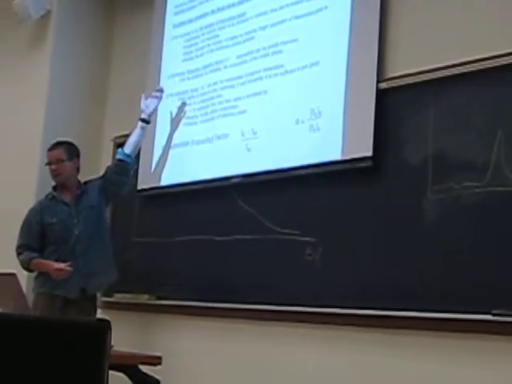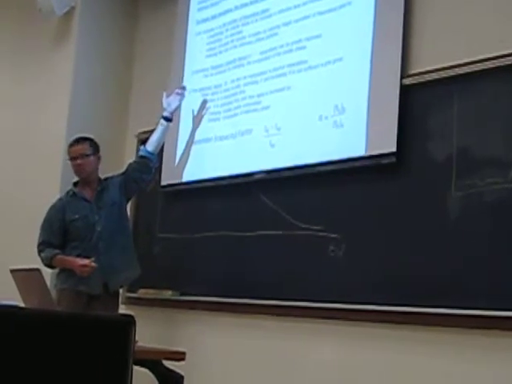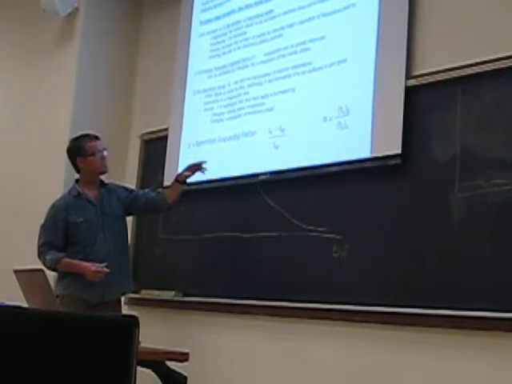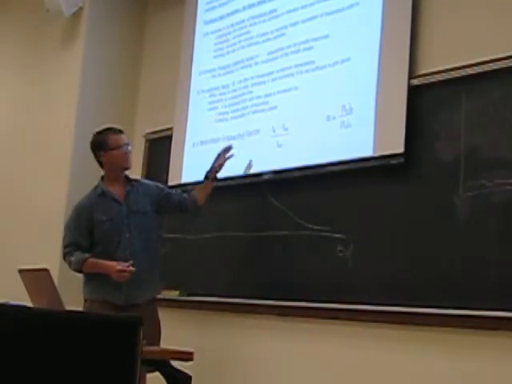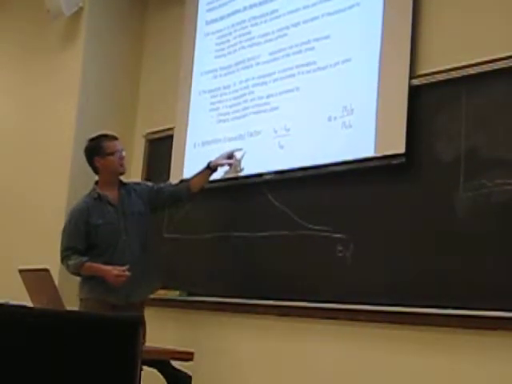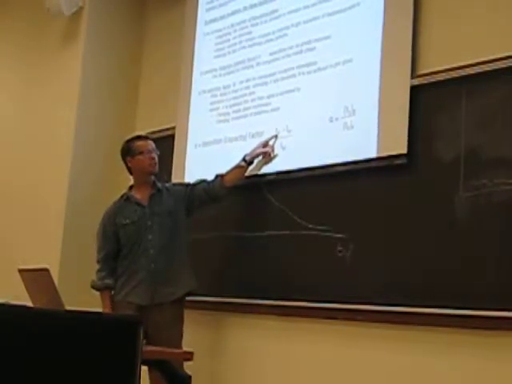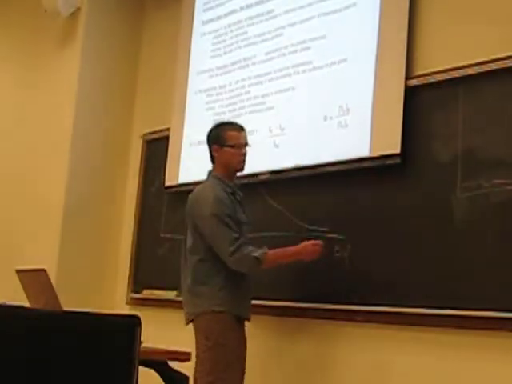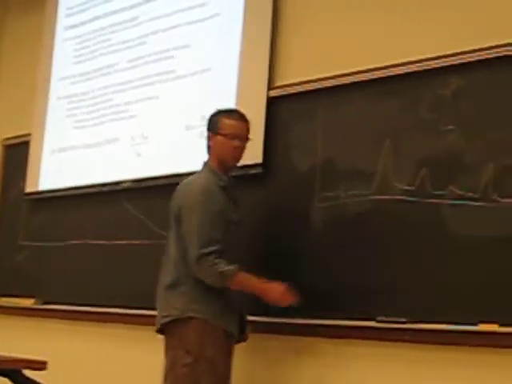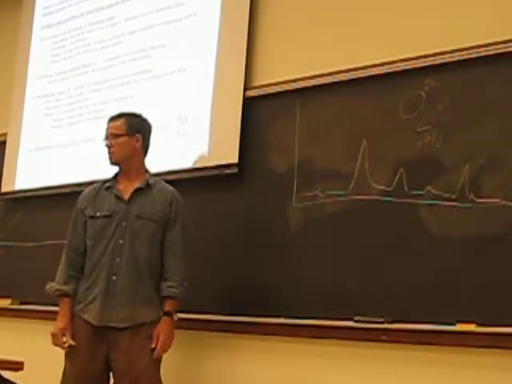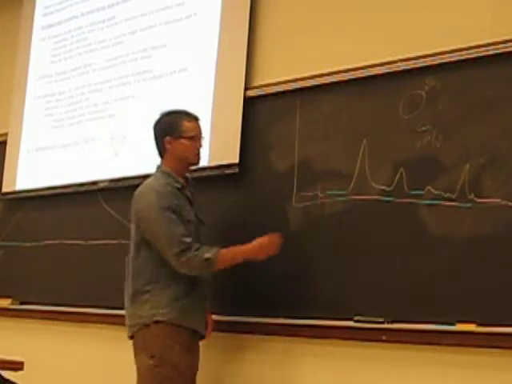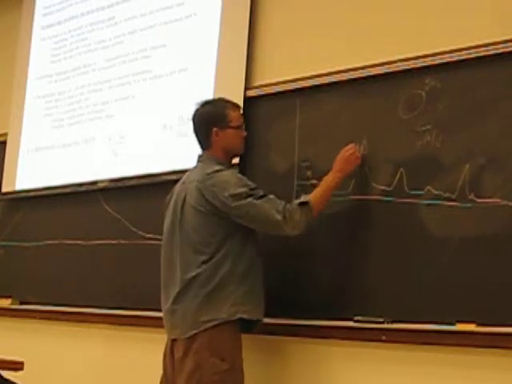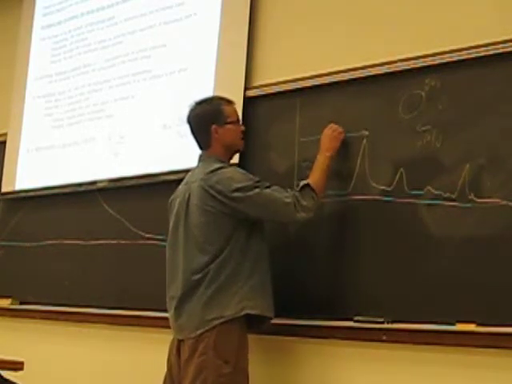sometimes referred to as the retention factor or capacity factor of the column, or the selectivity factor. And we've talked about these to a small extent. The retention or capacity factor is simply the ratio of the retention time versus the mobile phase elution time. If you look at a chromatogram, this is the mobile phase elution time, Tm to there, and for this one, that is Tr to there.